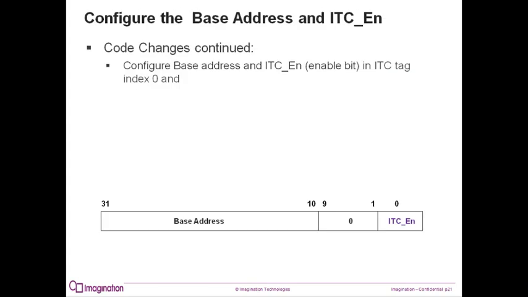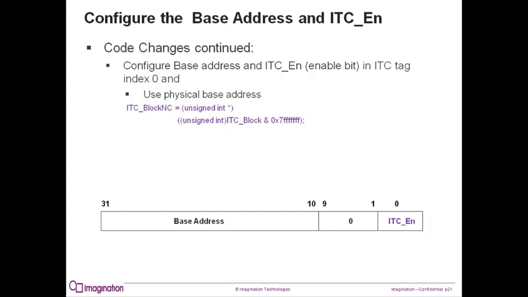Now I'm going to configure the ITC tag 0 with the base address of the ITC block and enable the ITC block. When I reserve space for the ITC block, I just declared an array. I did this to make sure that other variables would not be placed in that memory mapped range. I could have just selected a physical address that's not mapped to any device.